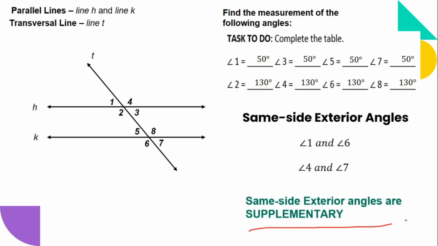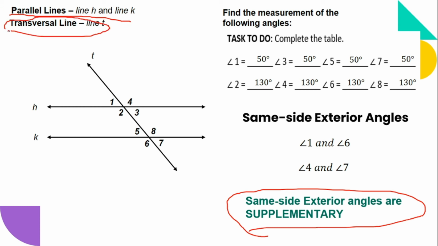Okay? And remember again na ang case lang ng mga to nung na-conclude natin is kapag ang ating line ay parallel lines. Okay? Kapag ang nakat ng transversal line natin na line T or any line ay parallel lines. Okay?